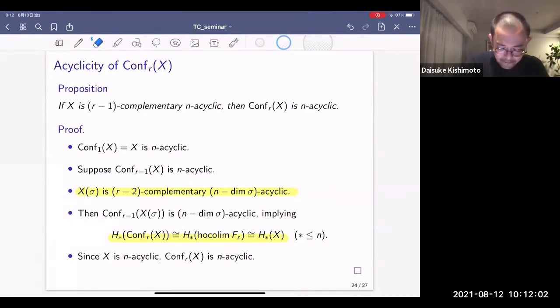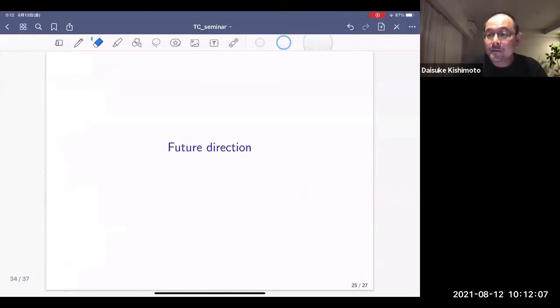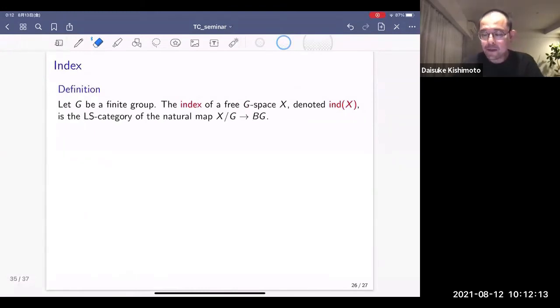And I have some time. Okay, so there are some possible future directions. We have used the discretized configuration space to prove Tverberg's theorem. And the key is its acyclicity.